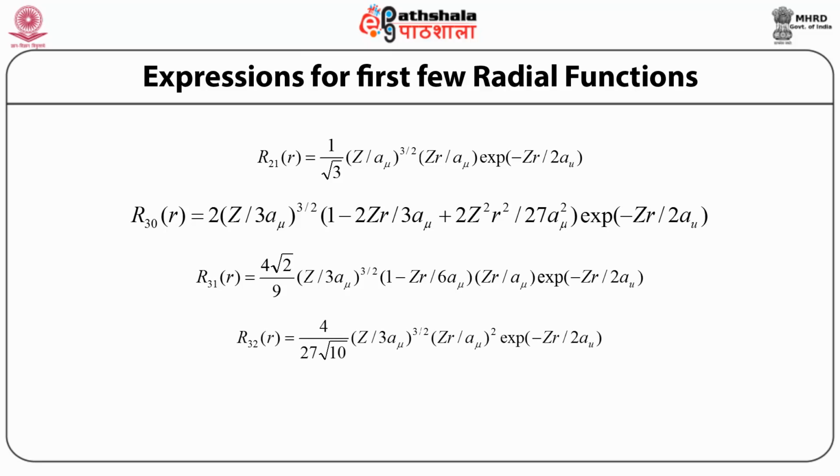Now R32 as a function of r is equal to 4 by 27 root 10 multiplied by (Z by 3a_mu) to the power 3 by 2 multiplied by (Zr by a_mu) the whole square multiplied by exponential of minus Zr by 2a_mu.